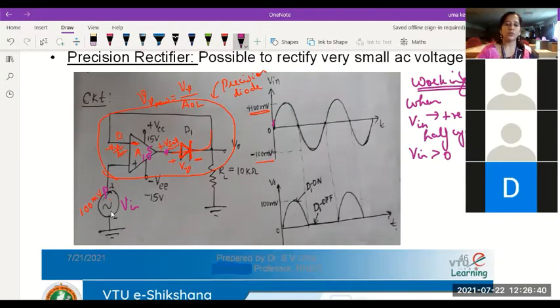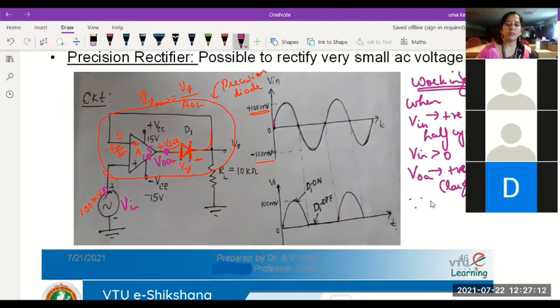So whatever input voltage we give here, maybe a few millivolts, will get amplified by a factor of 10 to the power of 5. So I'm going to have a large positive voltage at this point. Let me call this VOA. VOA becomes positive and it tries to be a large value, a high positive voltage.